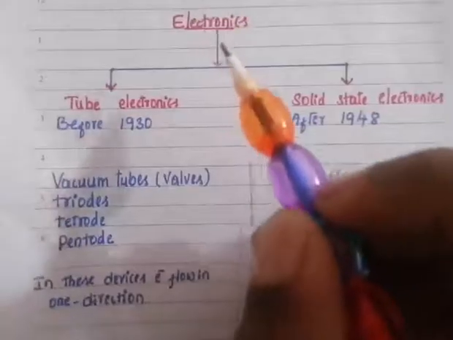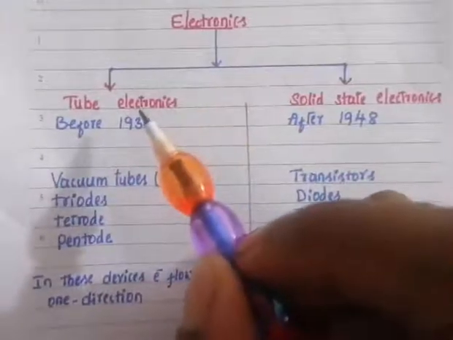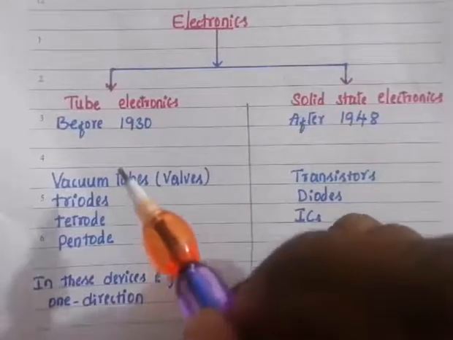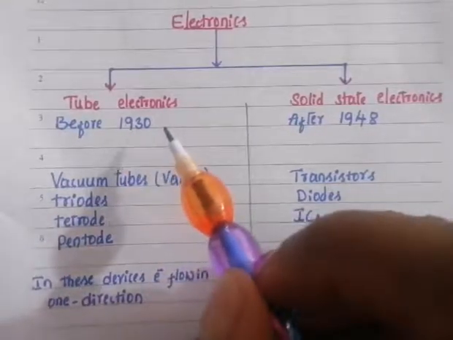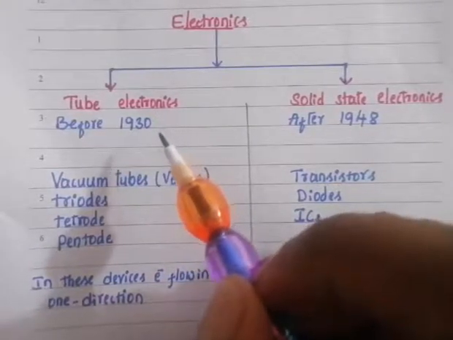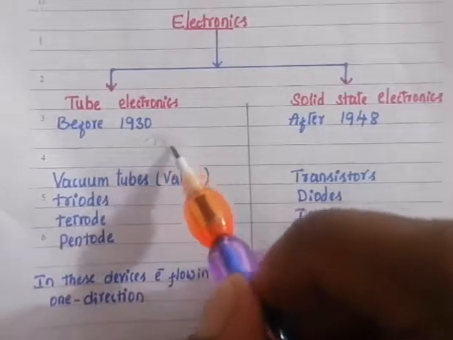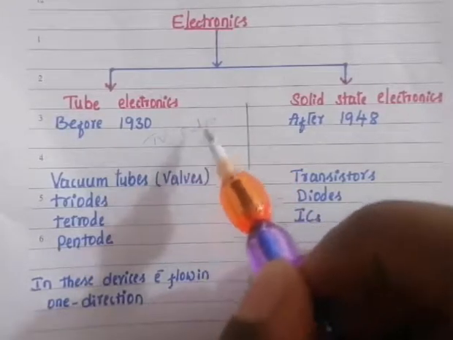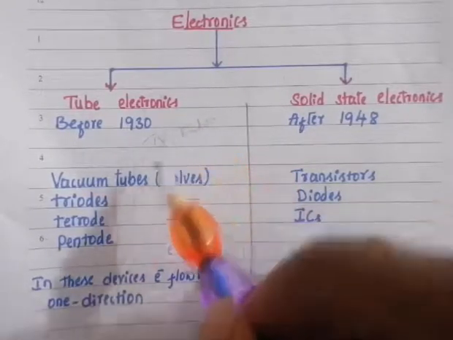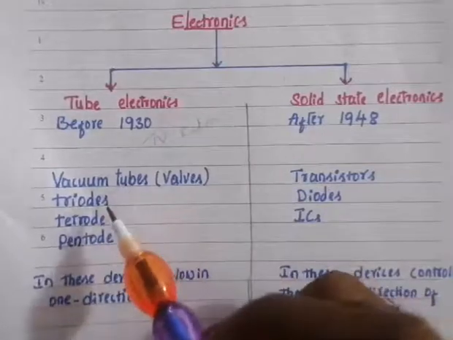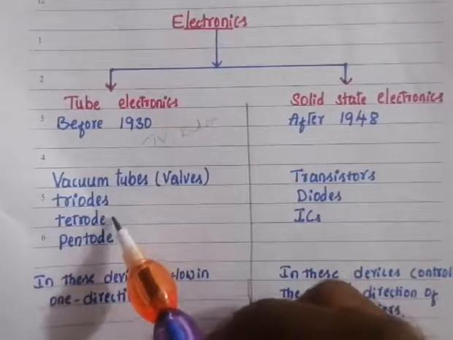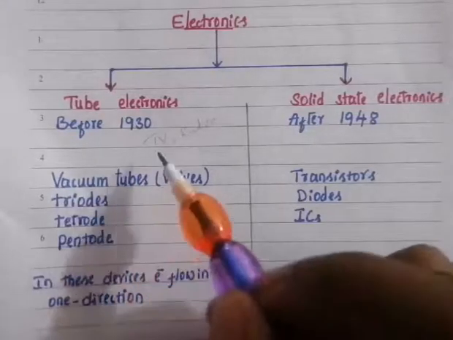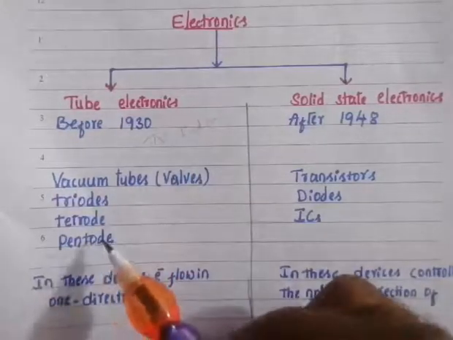The development of electronics from tube electronics to solid state electronics. Before 1930, electronic devices like TV, radios, computers, etc. were made up of vacuum tubes, triodes, tetrodes and pentodes. These are the building blocks of these electronic devices.